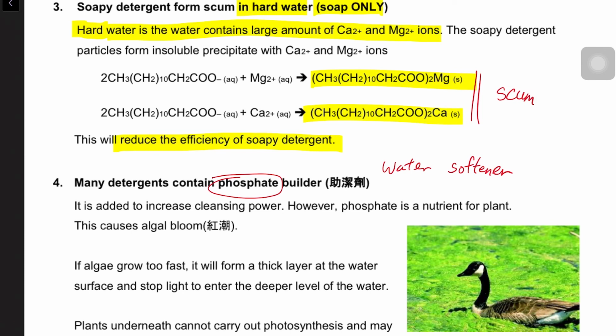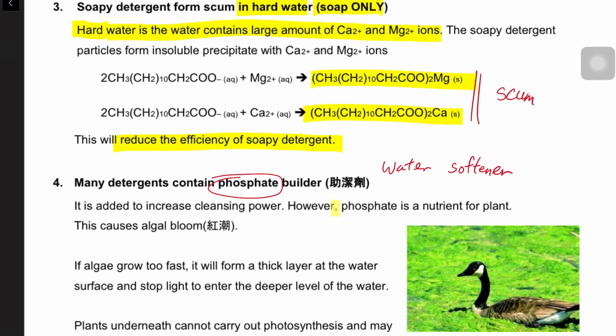After they combine, the hard water becomes soft water, then the people can use soapy detergent. But the problem is, after you finish the bath, the phosphate will be discharged into the river or into the sea. And don't forget, phosphates are the nutrient for the plants.